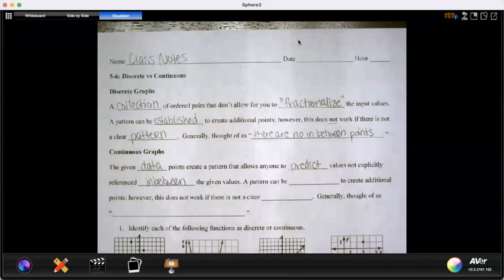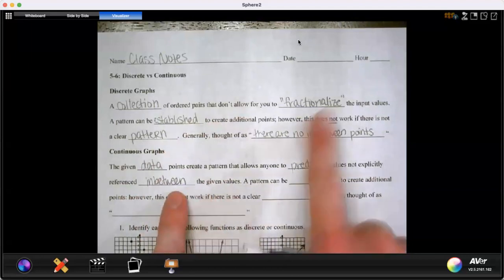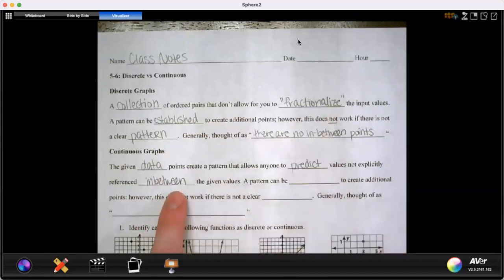So thus allowing us to fractionalize the information.